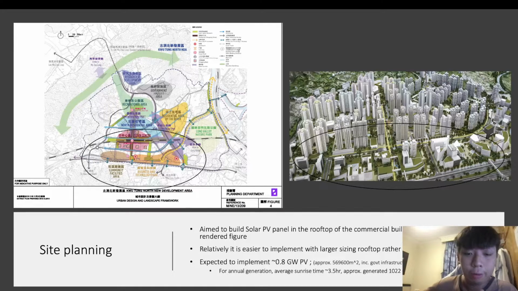And for annual generation, the average sunshine time is approximately 3.5 hours, and it generates 1,022 gigawatt hours. So why do I have this 0.8 gigawatt PV estimation?